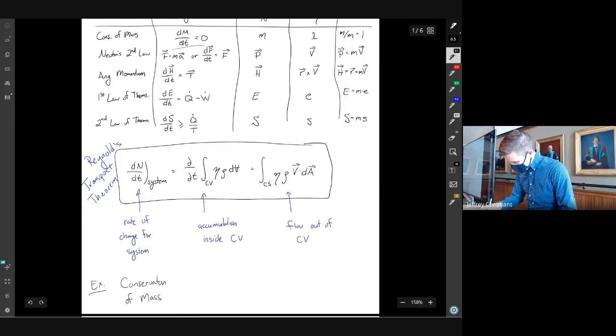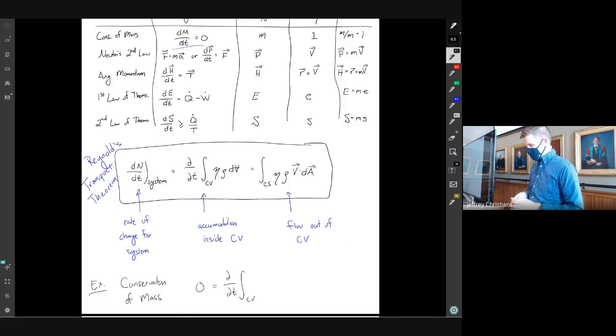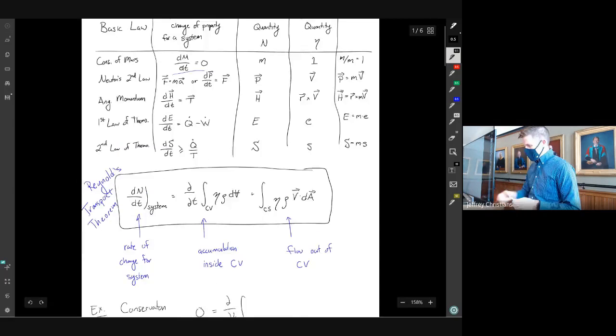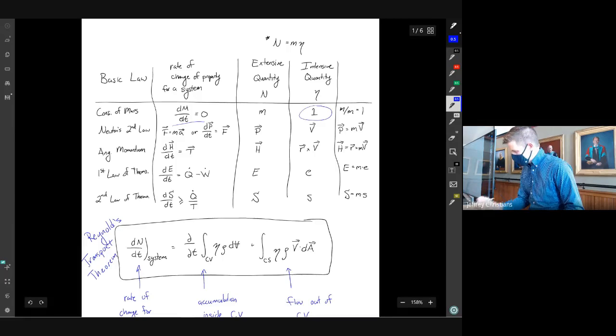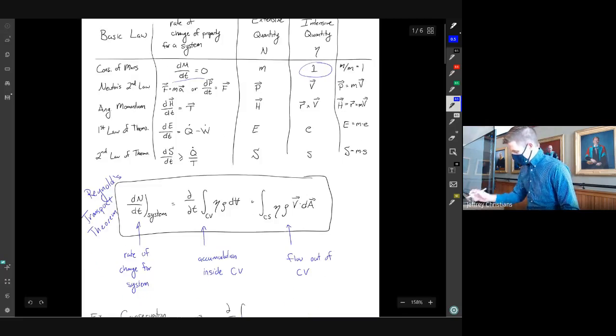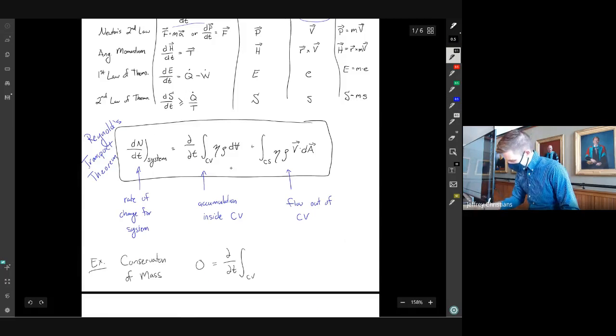So we would plug in 0 equals d/dt of the integral over our control volume of eta, the intensive property, which in the case of mass is 1, mass divided by mass.